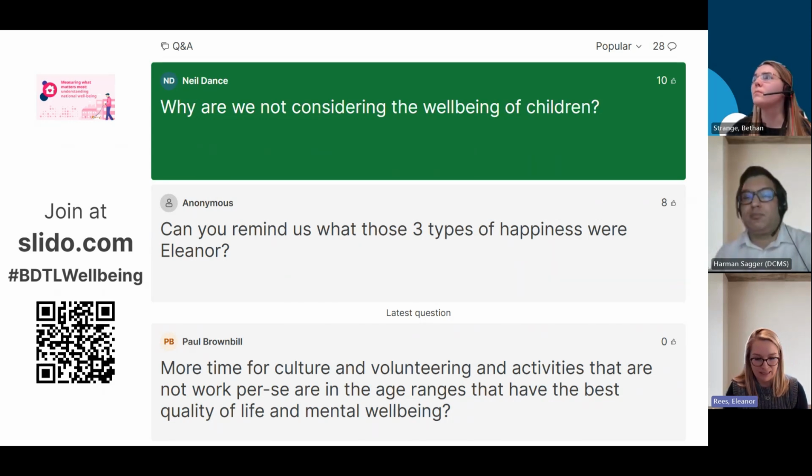We'd also look at things like happiness with their appearance. And when we ran the review in 2019 and 20, one of the things that came up quite strongly was autonomy and voice. So we now have a metric for children on that within our framework.